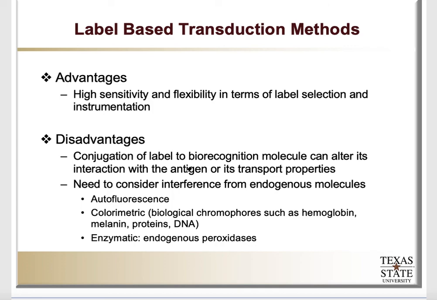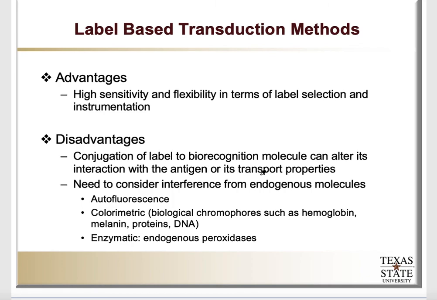And so sometimes the fluorescent molecule might end up blocking or changing the binding site of that antibody, which would make it inactive or prevent it from binding to the target of interest. So if you label in the wrong places or put too much of the label, it might decrease the activity of that biorecognition molecule to bind to its target.